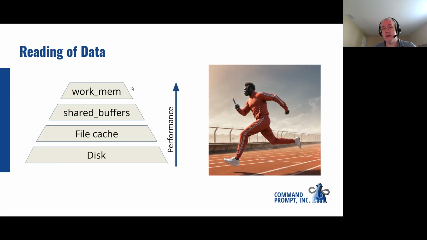The top three layers happen in memory with various amounts of overhead related to locking or system calls. The last happens on disk. And retrieving data from disk is generally thousands of times slower than accessing it from memory. So the closer we have the data that this query needs to its local cache, the faster things go.